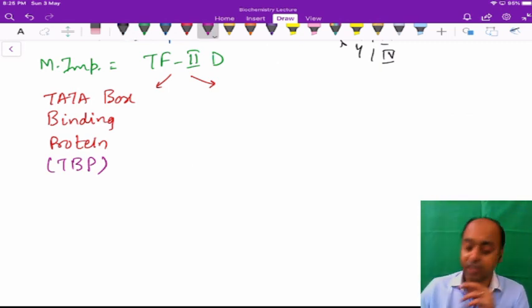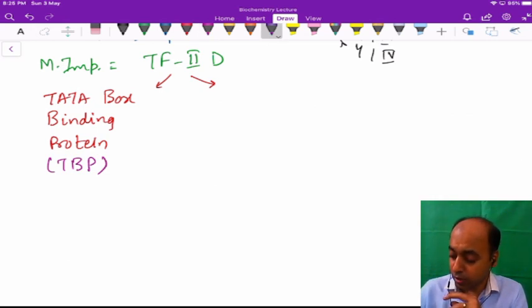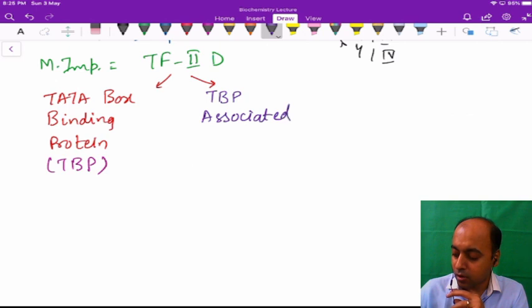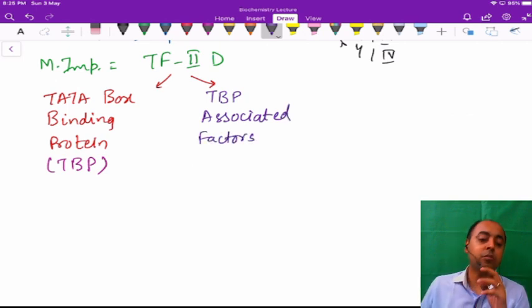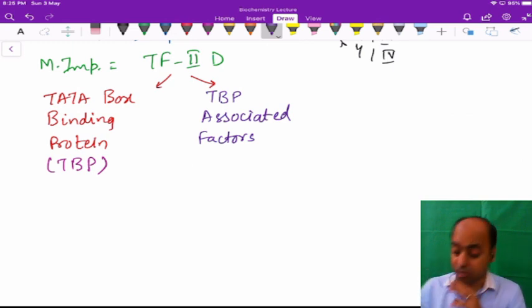And then we have the second set of molecules which are known as Tata box binding protein associated factors. Please note that this is not a single protein, but rather it is a cluster of proteins, and that is why we use the term factors, also simply known as a TAF.